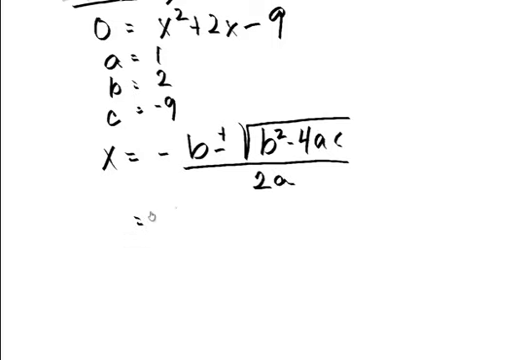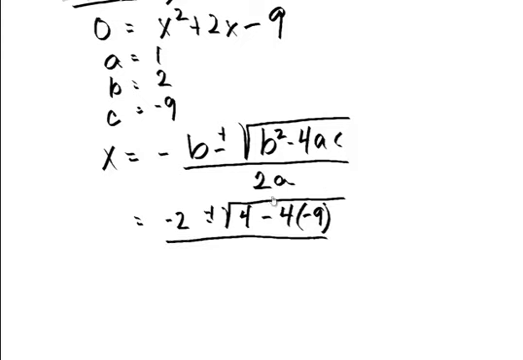Chunking all that stuff in, minus 2 plus or minus the square root of b squared. So that's 2 squared, that's a 4. Minus 4 times a, that's just a 1, and then that's a minus 9, all over 2 times 1. So that's just a 2. Equals minus 2 plus or minus the square root of, that'd be plus 36 plus 4.